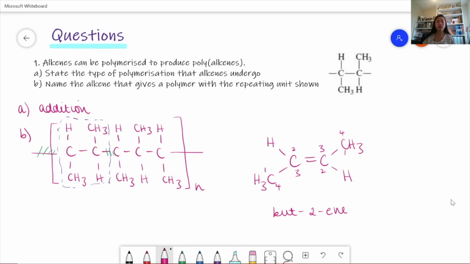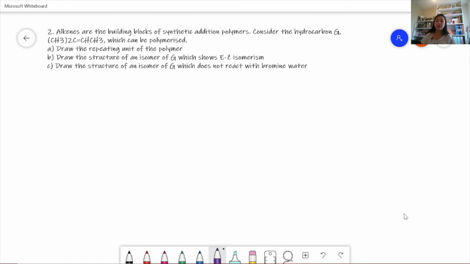And now how they've drawn it is that if we divide it up horizontally, we can see that the 2 substituent groups which aren't hydrogens are opposite each other, and so this is actually an E-butene. So before I move on to question 2, feel free to click off the video and try it for yourself first.